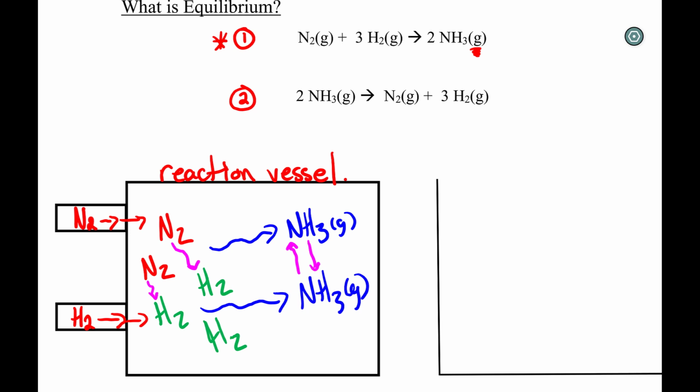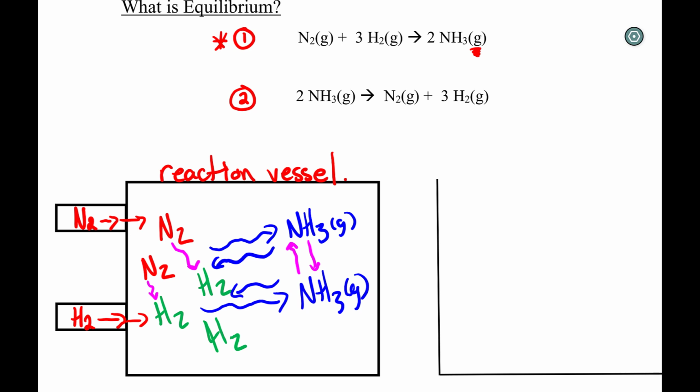These ammonias are going to start smacking into one another, and if they hit at the right angle with enough energy, just perfectly, they will actually start to reform nitrogen and hydrogen. This seems really counterproductive. I want to make ammonia, and I am, but at the same time, the ammonia is now reacting and going the reverse direction.